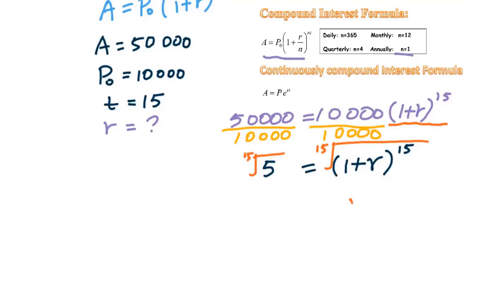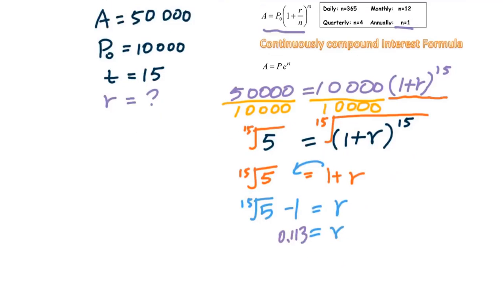You will get 1 plus R equals 15th root of 5. Then R equals just minus 1 both sides, you will get this minus 1. Then we plug into calculator, you will get R equals 0.113. That means R equals 11.3%.